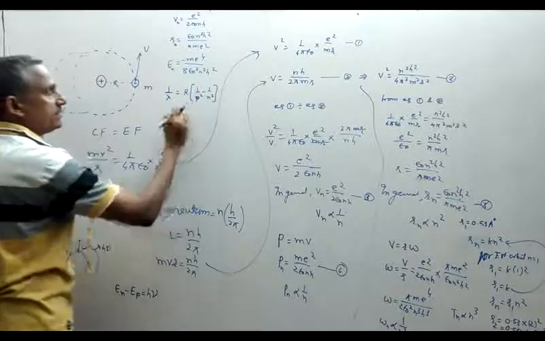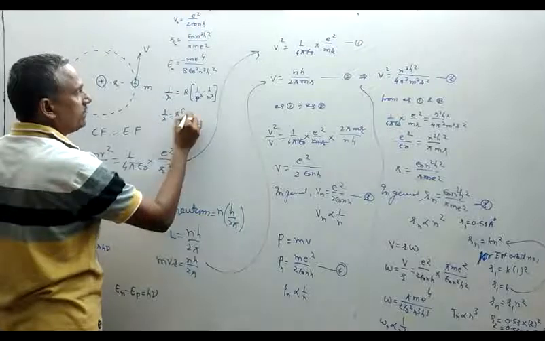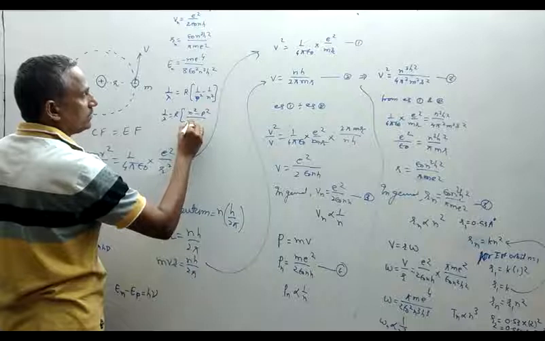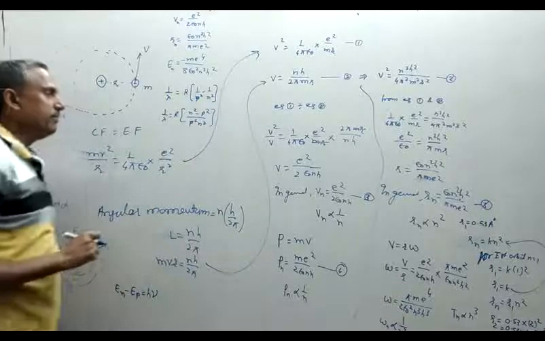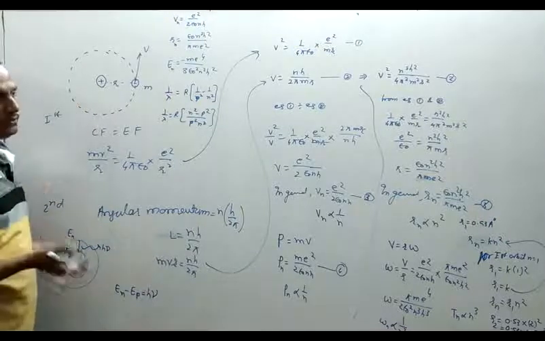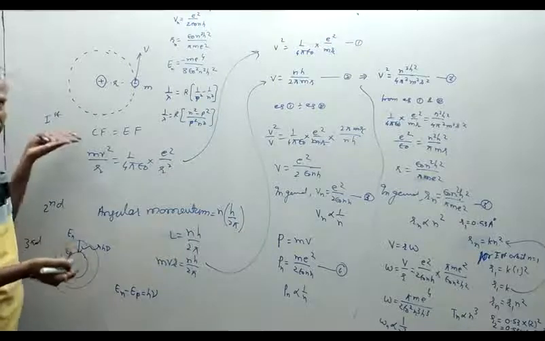So this is another relation. So 1 upon lambda is equal to R in bracket n square minus p square upon p square n square. We know that the electron is revolving in different possible orbits from 1 to infinity.